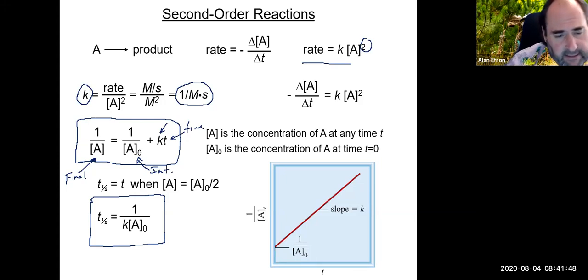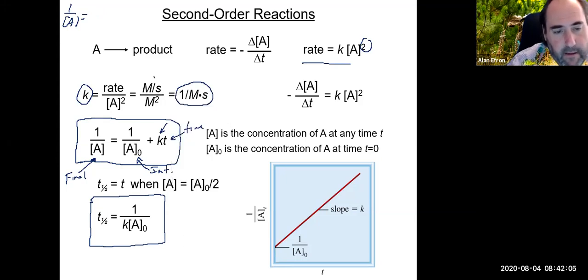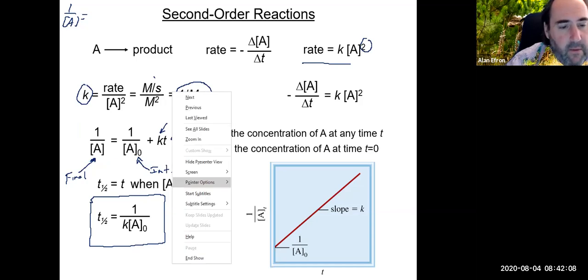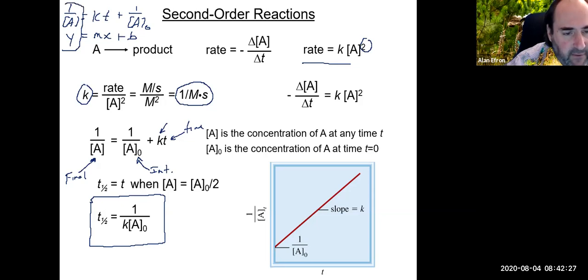Now, if we take this equation, just like what we did with the first order one, and do a little rearranging, we get 1 over A equals KT plus 1 over A naught. This is the second order equation written in the form of a straight line, y equals mx plus b. This helps us understand the graph that we typically see for a second order.